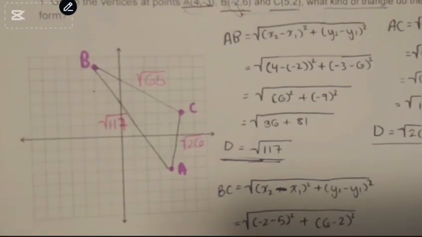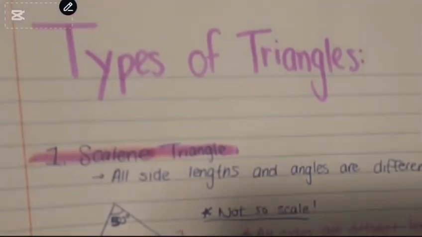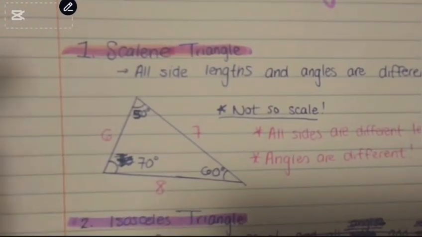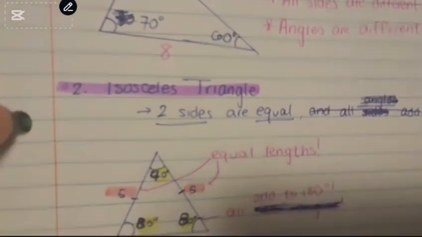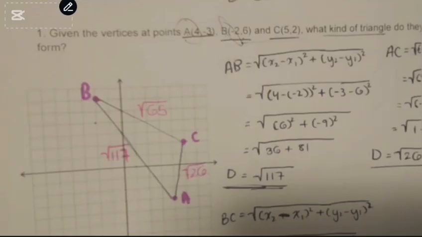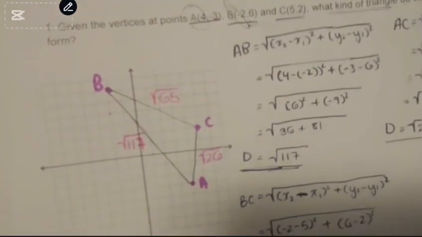So what we can identify with this triangle, if we go back to our page on the types of triangles, is that it could be either a scalene triangle, since all side lengths are different, isosceles, or equilateral triangle. But as we see in this paper here, all sides are different lengths. So this therefore will be a scalene triangle.